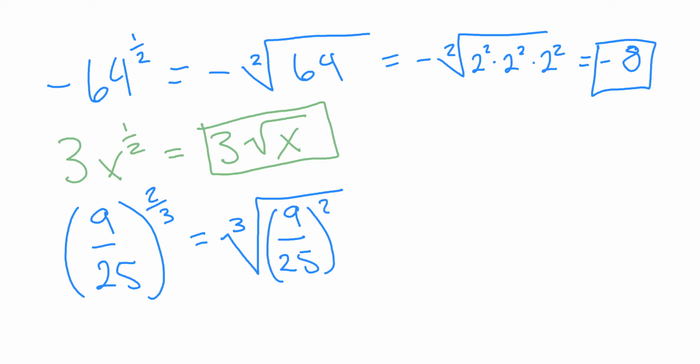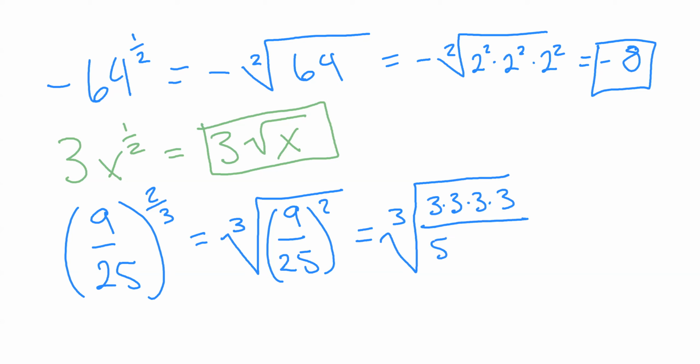Now, before we take that cube root, let's just look at what we've got. 9 is 3 times 3, and 9 squared is going to be 3 times 3 times 3 times 3. 25 is 5 times 5. 25 squared is going to be 5 times 5 times 5 times 5. We are looking for 3 repeat factors to take the third root of.